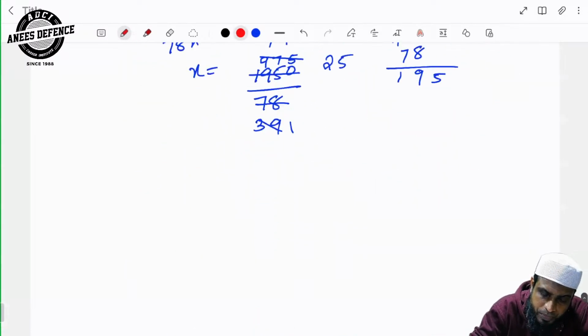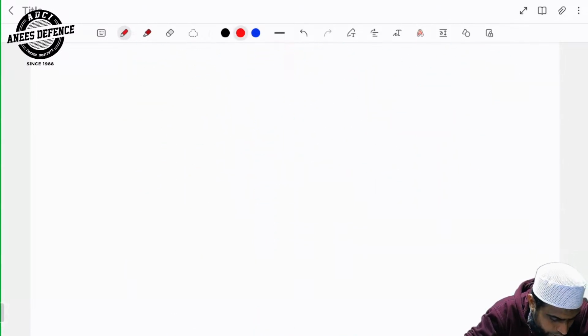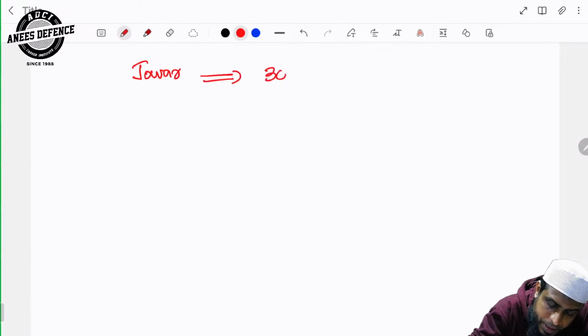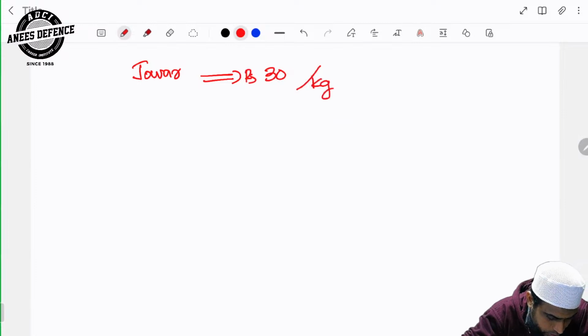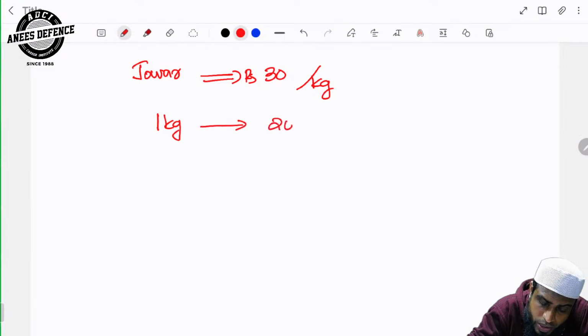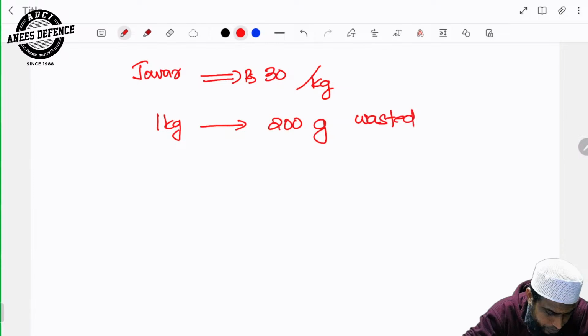Then next question. A trader buys jowar at rupees 30 per kilogram. 20% of the grain gets wasted. So if you purchase 1 kilogram, then 20% means 200 gram wasted.